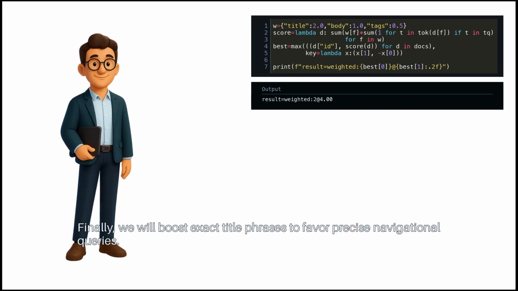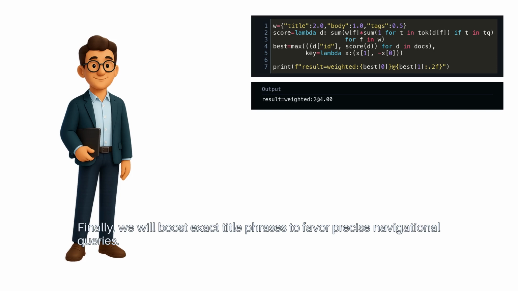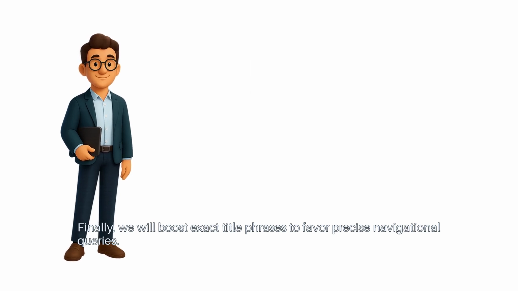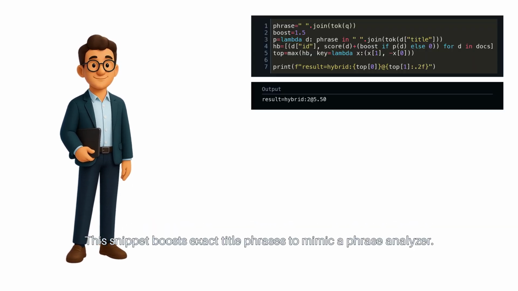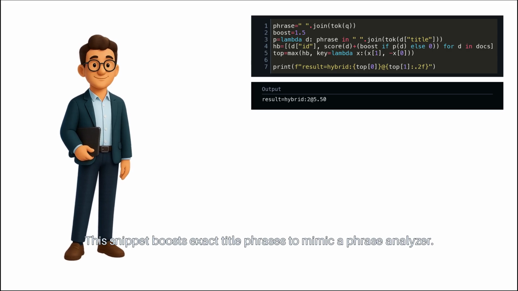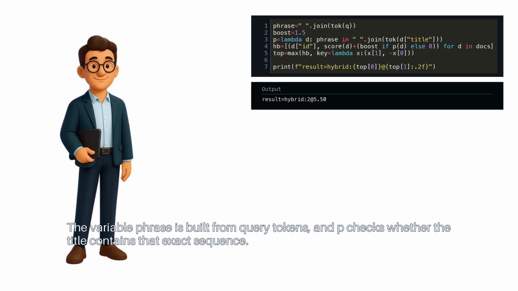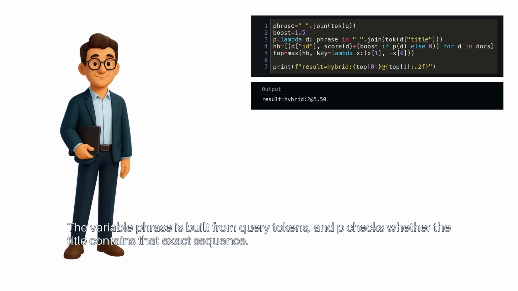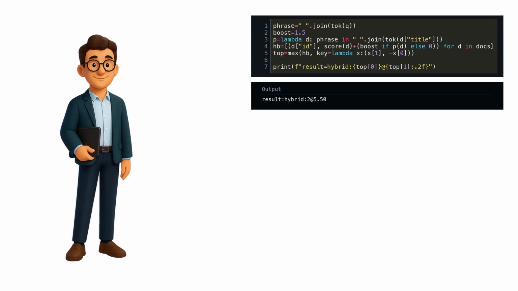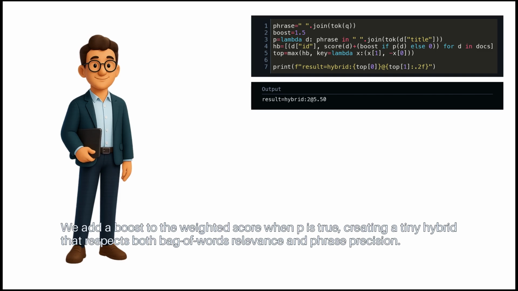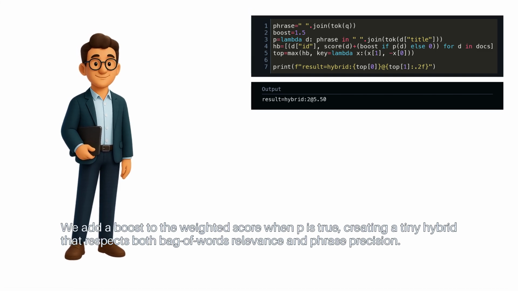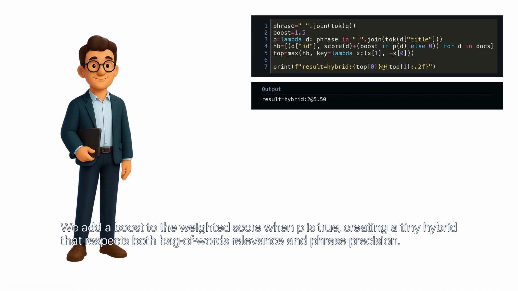Finally, we will boost exact title phrases to favor precise navigational queries. This snippet boosts exact title phrases to mimic a phrase analyzer. The variable phrase is built from query tokens, and P checks whether the title contains that exact sequence. We add a boost to the weighted score when P is true, creating a tiny hybrid that respects both bag of words relevance and phrase precision.